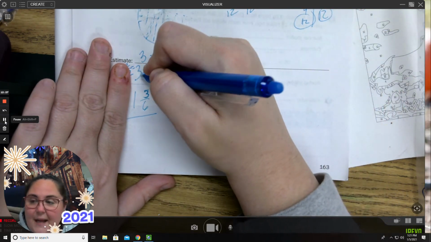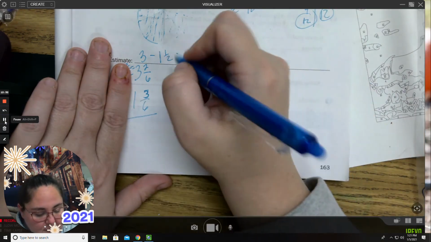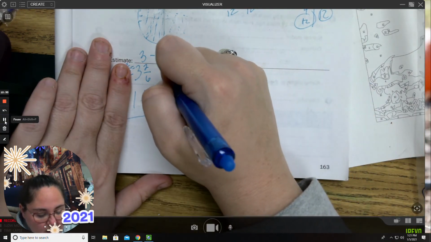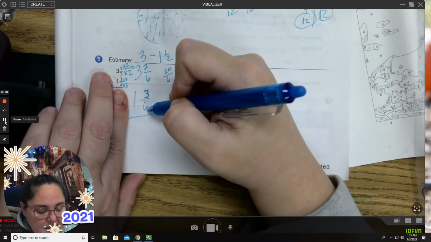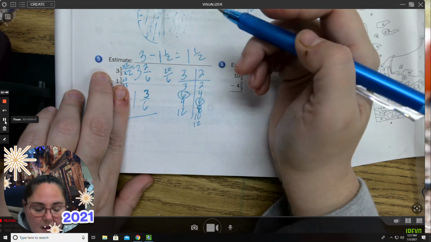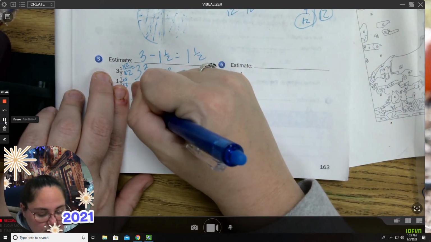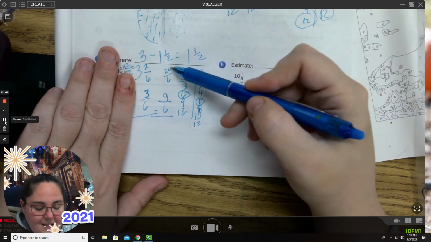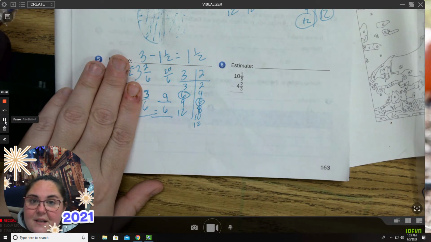So 6 times 3 plus 2 is 20/6. 6 times 1 plus 3 is 9/6. So 20/6 minus 9/6. What is 20/6 minus 9/6? I'm not pausing this time because I want to see your work.